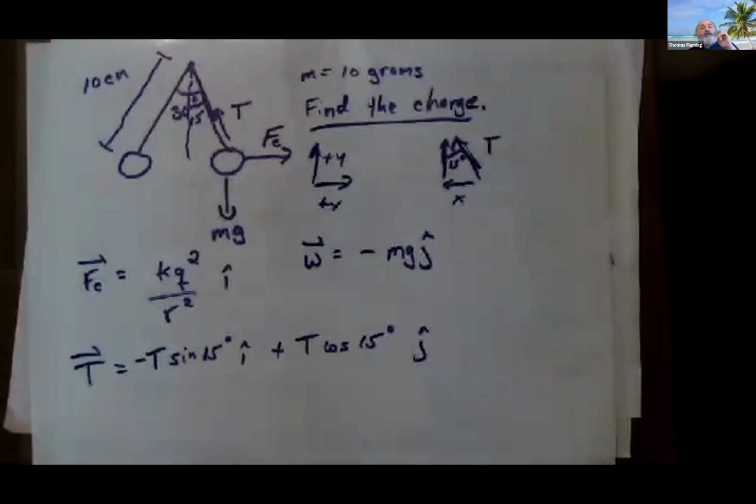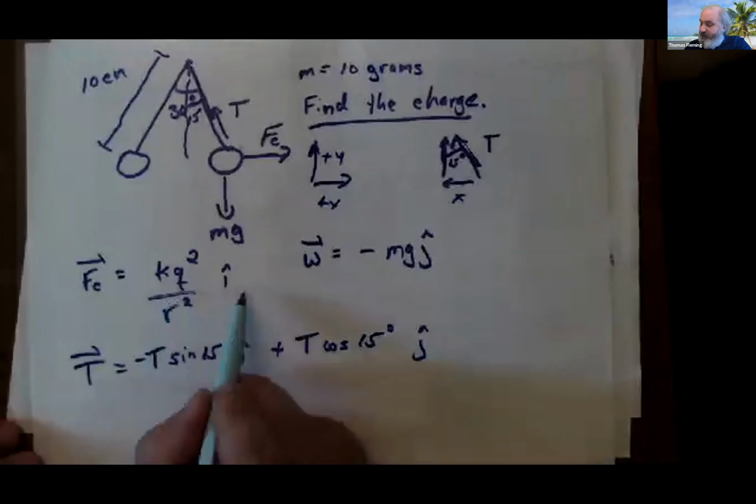But that means the F is not just any F, it's the sum of the forces. And when you add forces, you have to add them by components. So I'm going to get two equations. The first I'm going to get from the x direction. So in the x direction, I've got two forces, this force and this force.